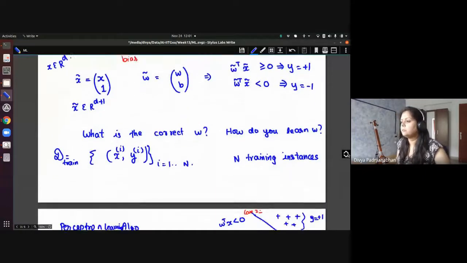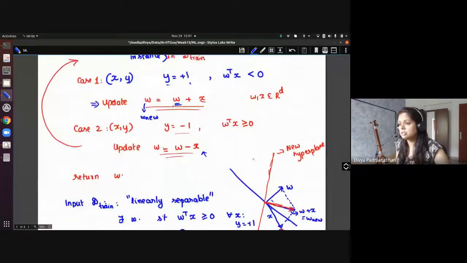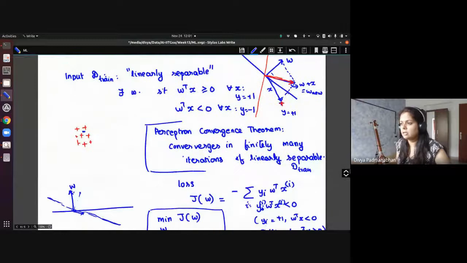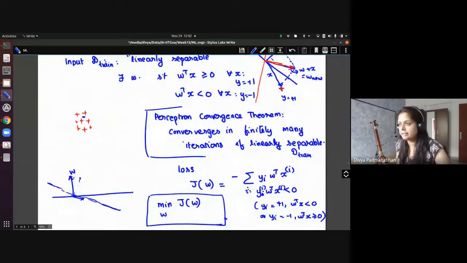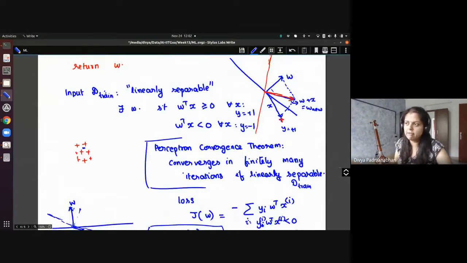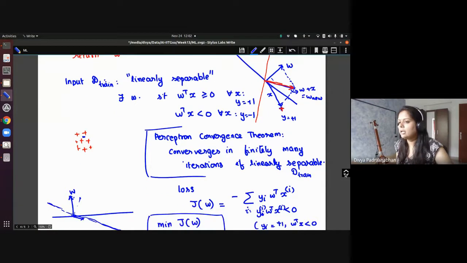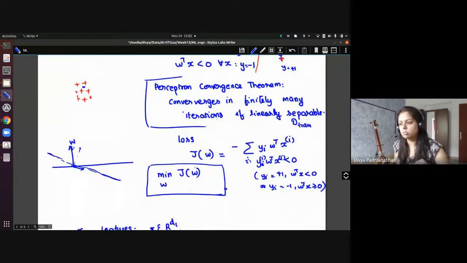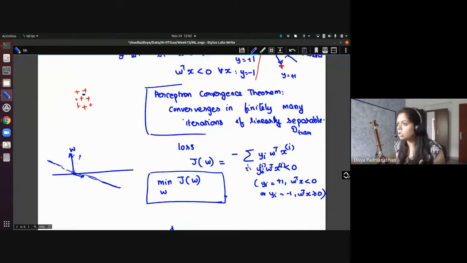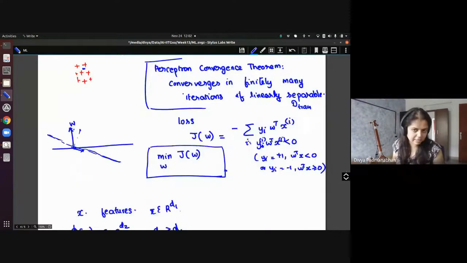Okay. So we saw an algorithm for it, and we said that it converges provided the underlying data is actually linearly separable, meaning that there is a hyperplane which separates the two classes. We also saw that there is an underlying loss function. So actually the perceptron algorithm is an optimization algorithm.